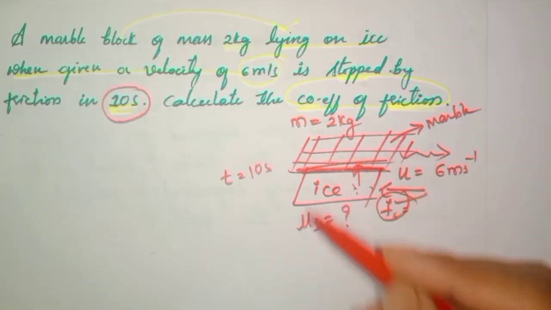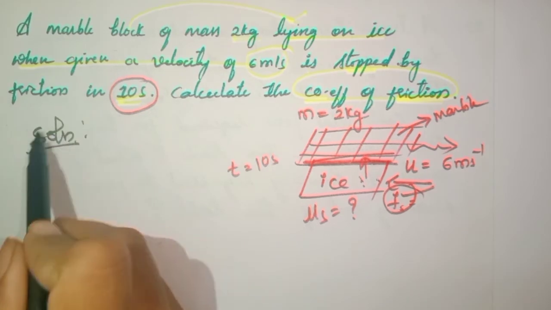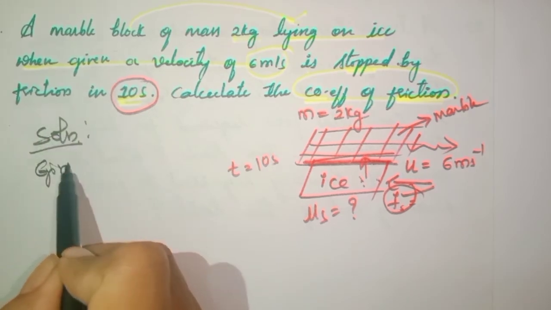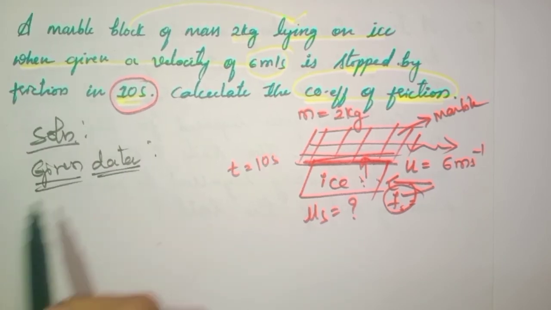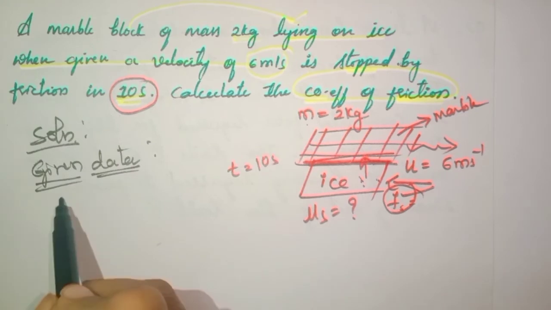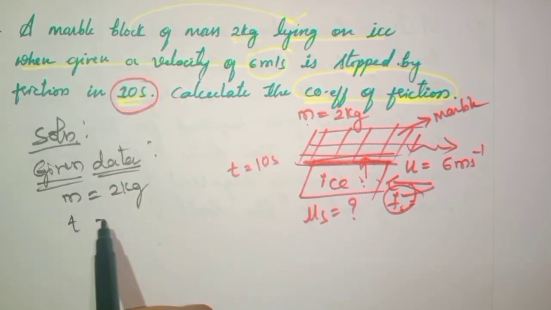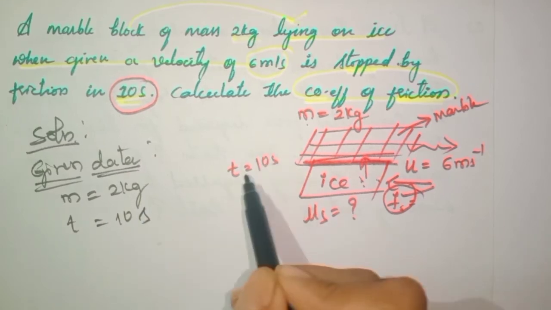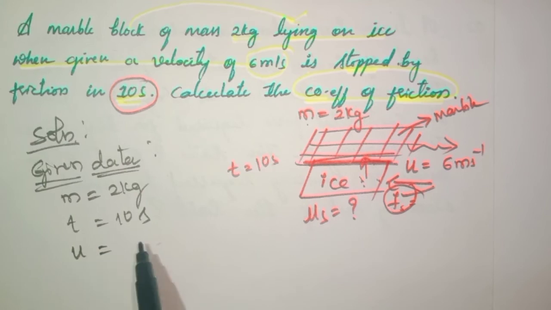Now based on this diagram, we will write the data. Solve the problem systematically. Solution. Given data. So let's write what the given data are. Mass 2 kg, time 10 seconds as it is getting stopped in this time, and initial velocity of that block is 6 meter per second.